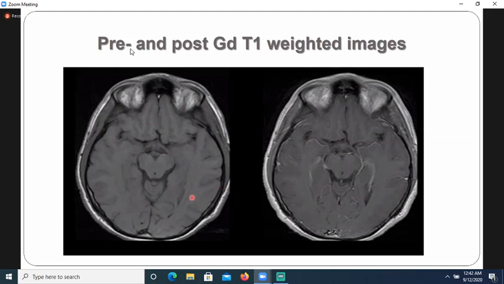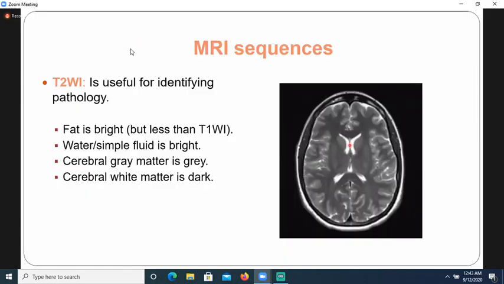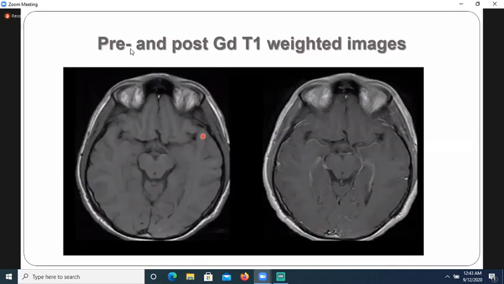Then the other sequence is the T2 weighted image. Your look should go to the CSF. It is white. This sequence is useful for identifying pathology, in which fat is bright but less than the T1 weighted. You see, this fat is very bright, but this is somewhat blurred. And then the water and the simple fluid is bright.